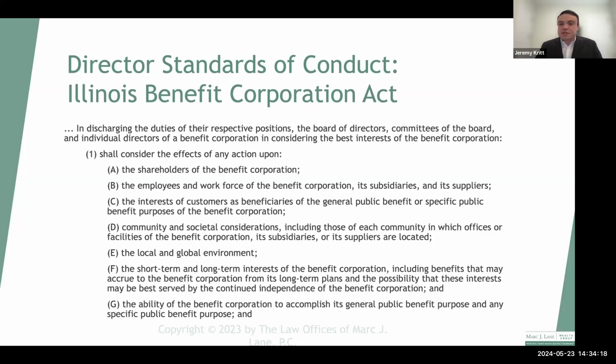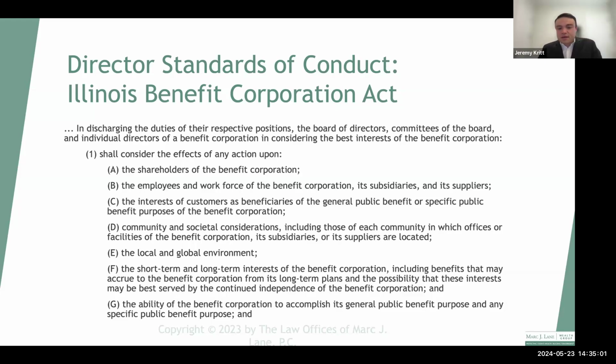So in a lot of ways, what that is getting at is the idea that directors and officers, management of a benefit corporation, need to have the ability to make decisions that may not necessarily maximize short-term financial value, but are in the best interest of not only the corporation, but its ability to accomplish its general and specific public benefit purposes, and not just necessarily have to sell to the highest bidder or whatever the case may be.